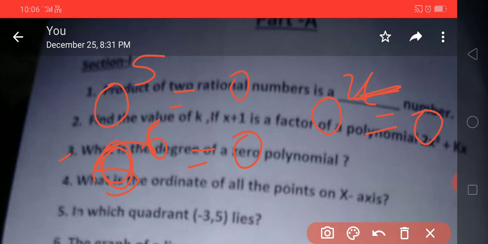Any power, if it is n, 0 raised to n is also 0. We don't know the power of 0 because in all the cases we got the result 0. So the degree of the 0 polynomial is not defined.